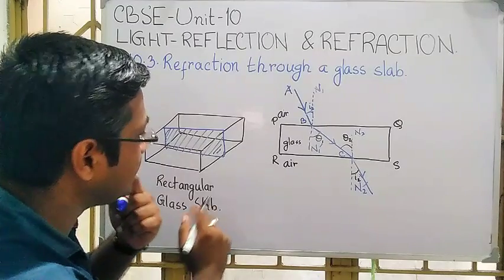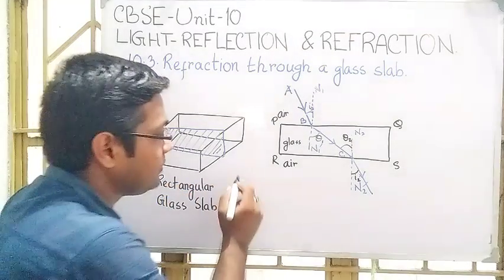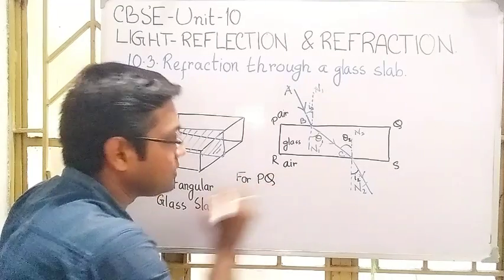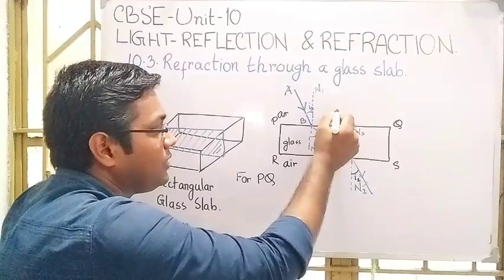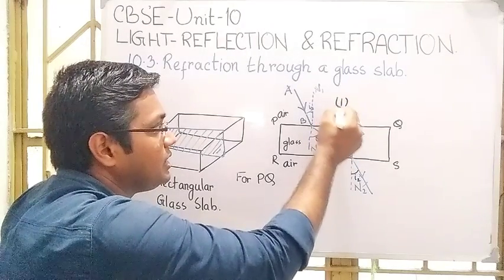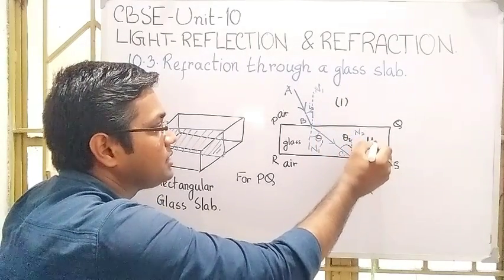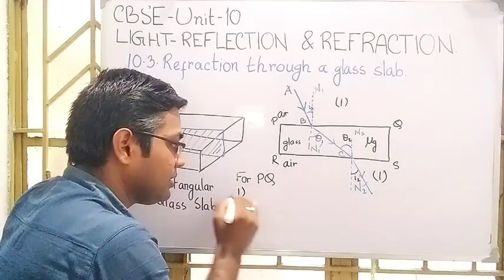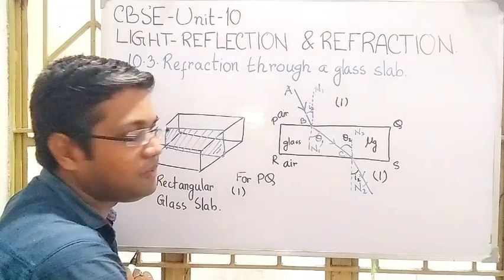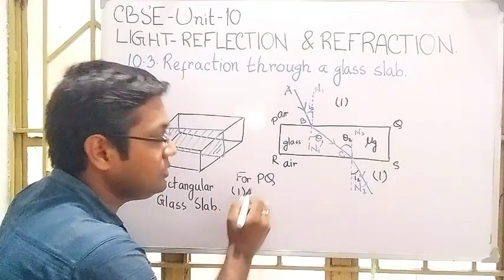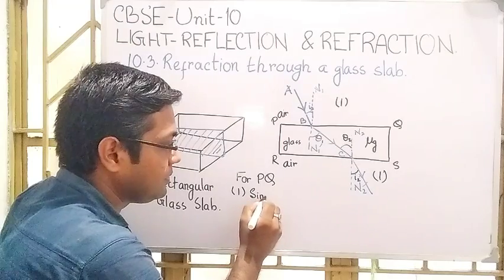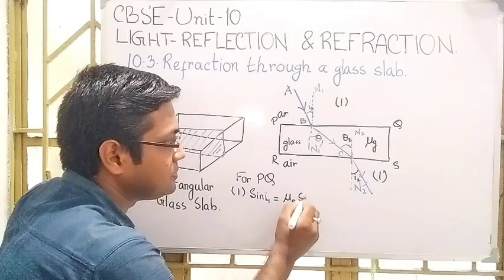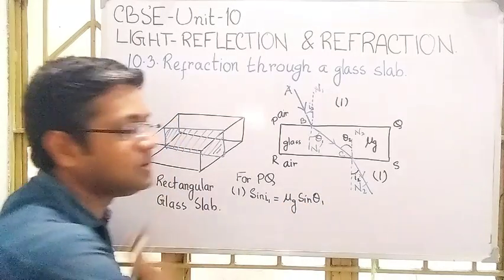If we write down the refraction for the two surfaces, then for the surface PQ, if the refractive index of air is 1, the refractive index of glass is mu g, and the refractive index of air again is 1, then the second law of refraction gives us 1 into sin I1 equal to mu g into sin theta 1.